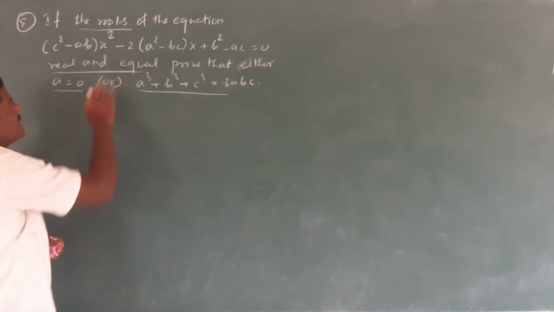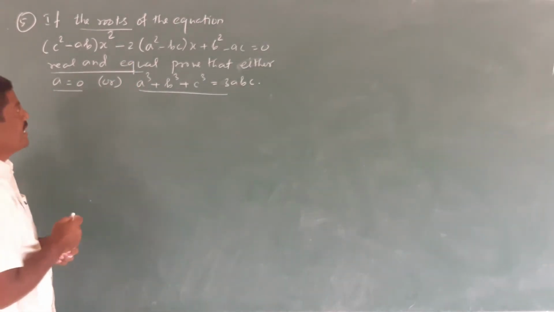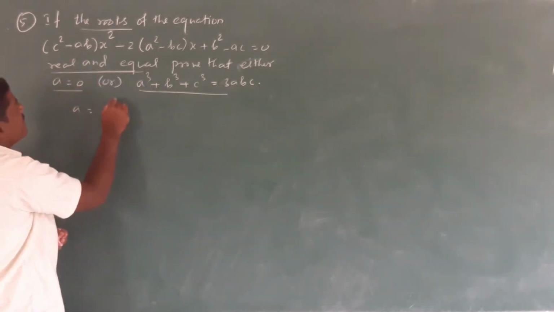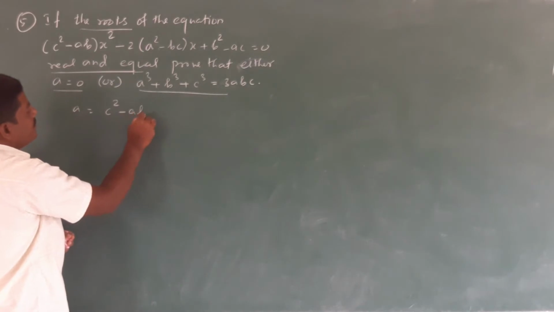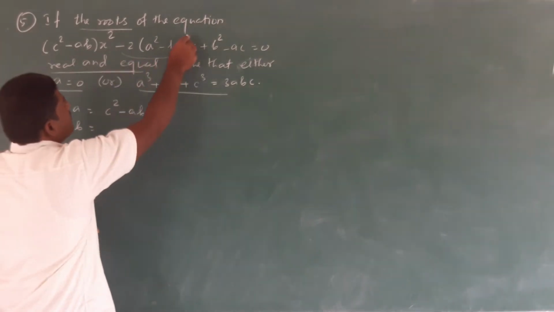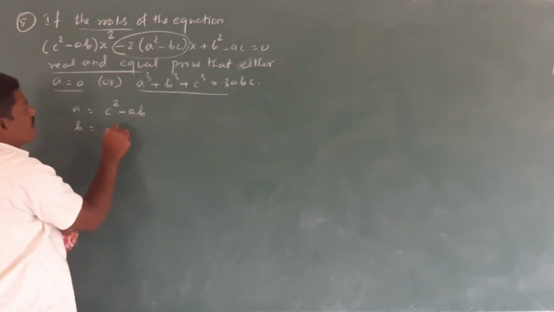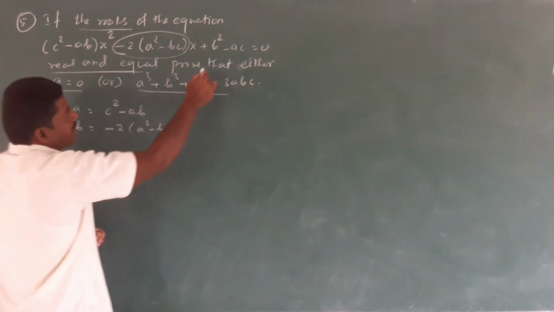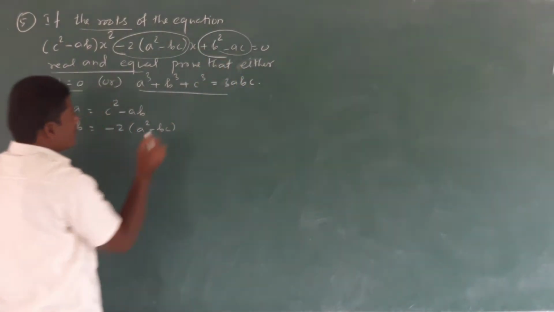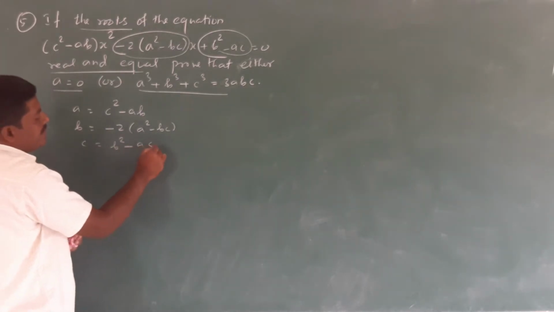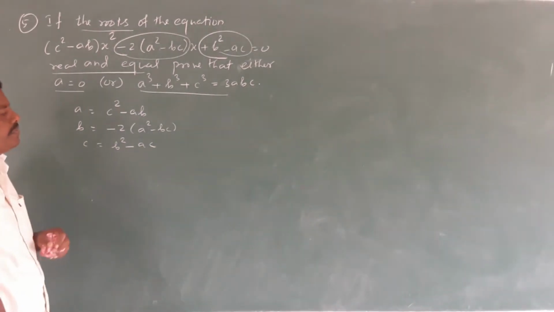So from this equation we can take the a, b, c values. The value of a is the coefficient of x square, which is c square minus ab. The value of b is the coefficient of x, minus 2 of (a square minus bc). The constant term c is b square minus ac. These are the values of a, b, c.